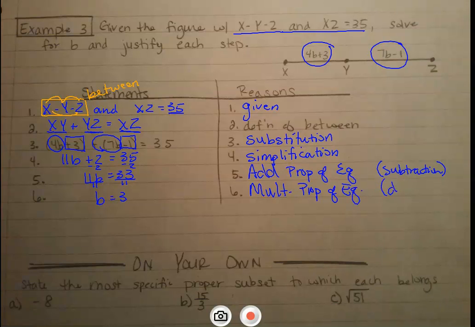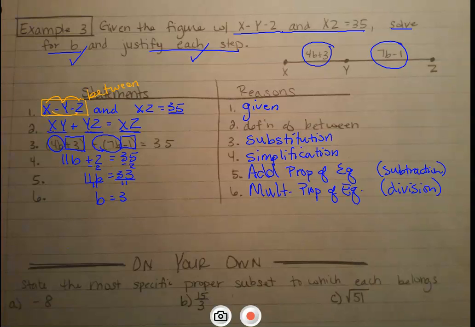But again, I'm going to write division out here on the side because it's the inverse of multiplication. So we solved for b, check. And we justified each step, check.